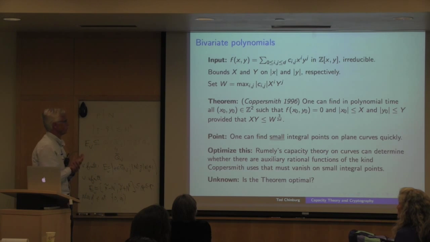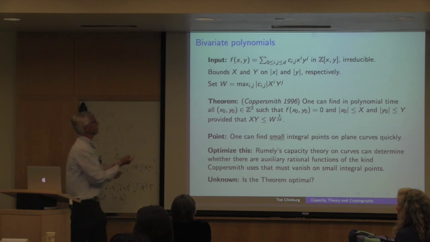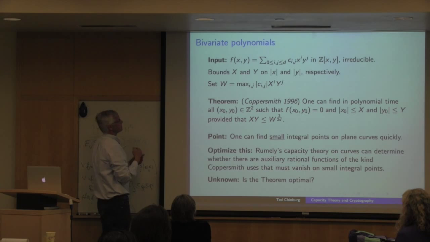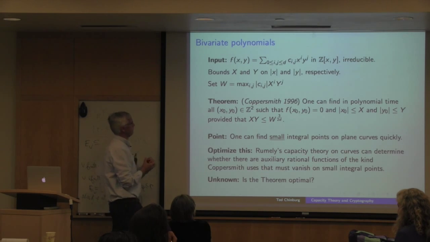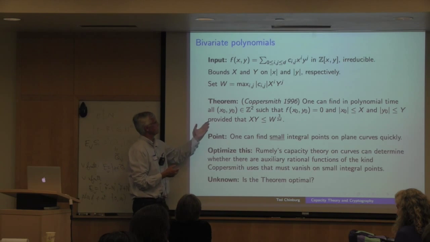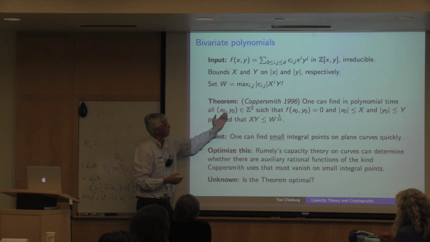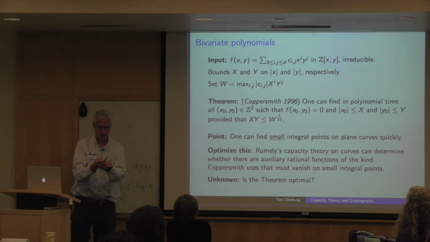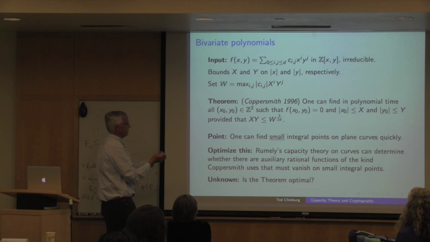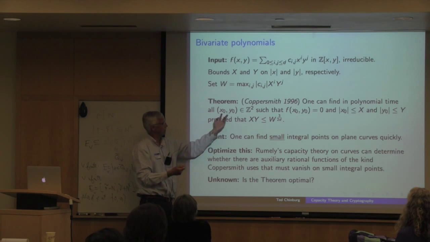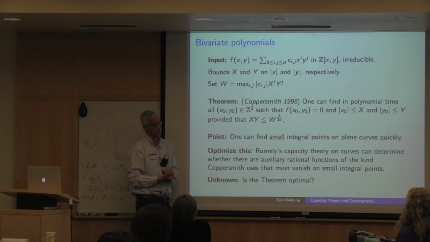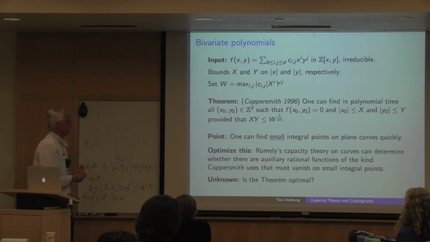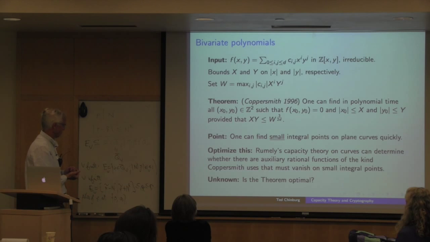Let me say what capacity theory can do here. If you take a particular f of x, y, it defines a particular curve, and Rumely would tell you for which upper bounds on the absolute values of integral points you can construct an auxiliary function which has to vanish at all integral points on the curve that satisfy those bounds. That's a rather complicated computation in general for these curves.